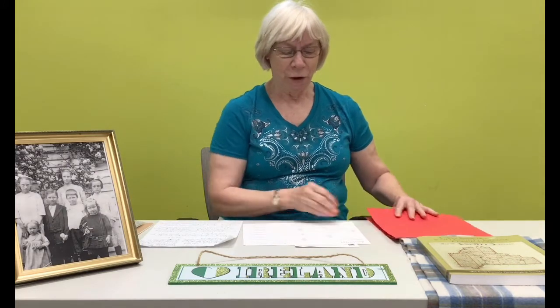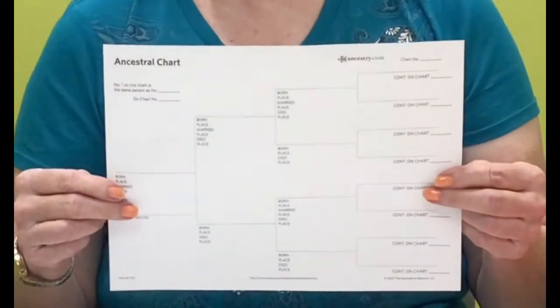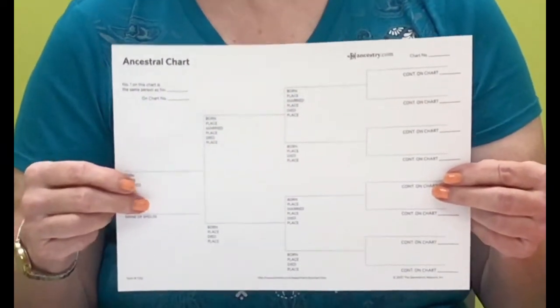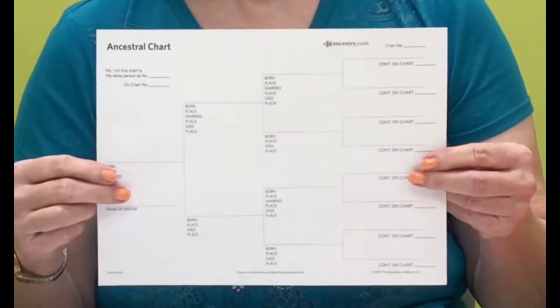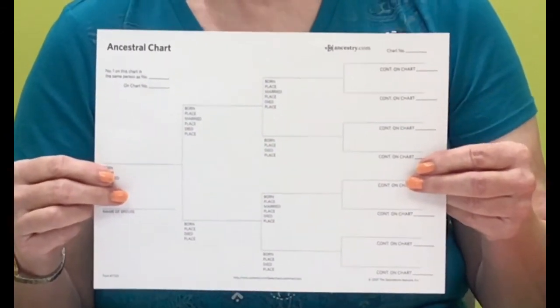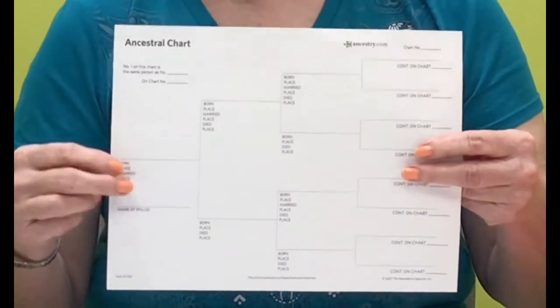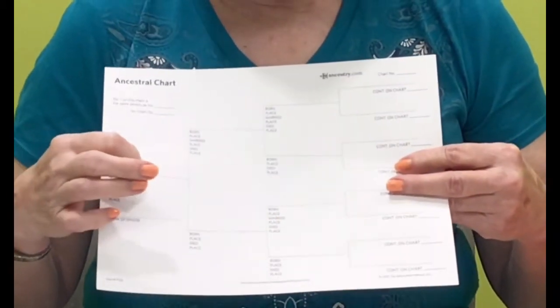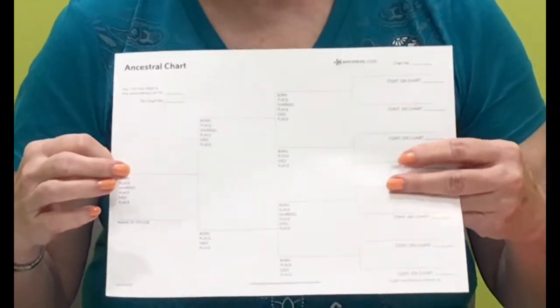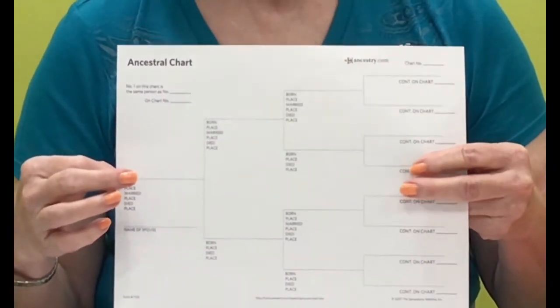In the kit that you picked up at the library, you have a folder. Inside your folder will be an ancestral chart. This chart will help you to record your direct line. The first spot down here is going to be for you.